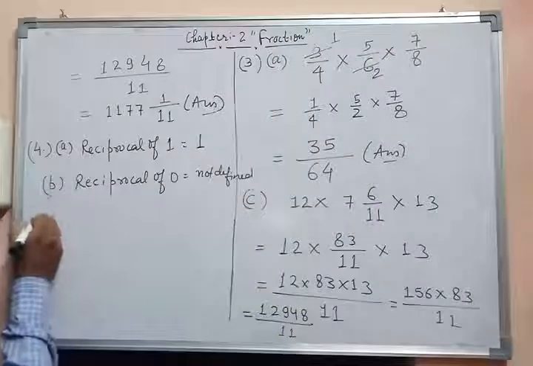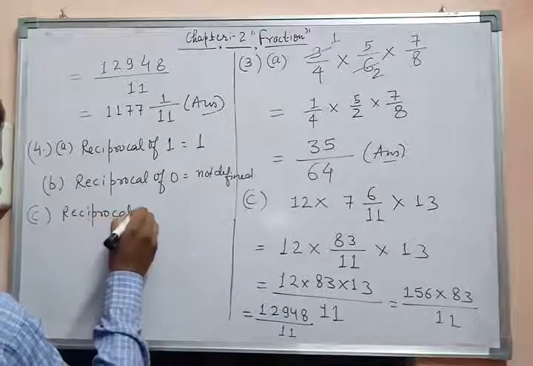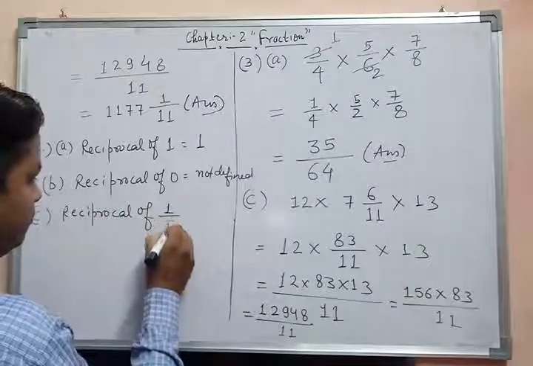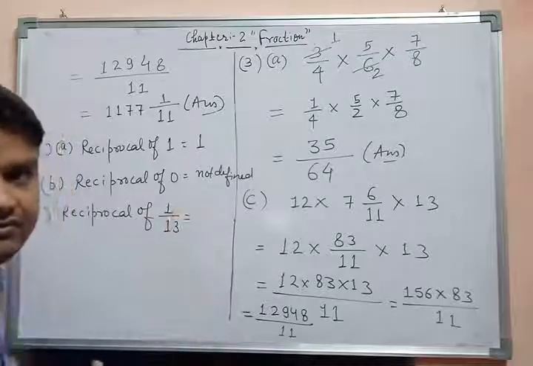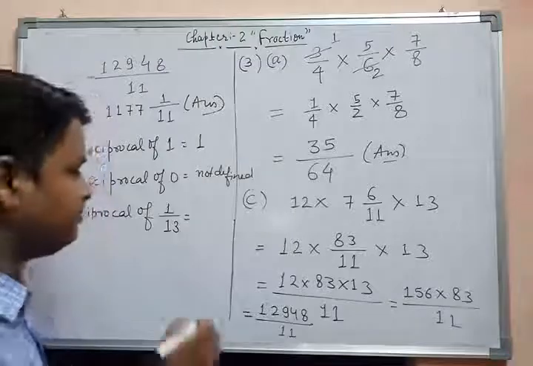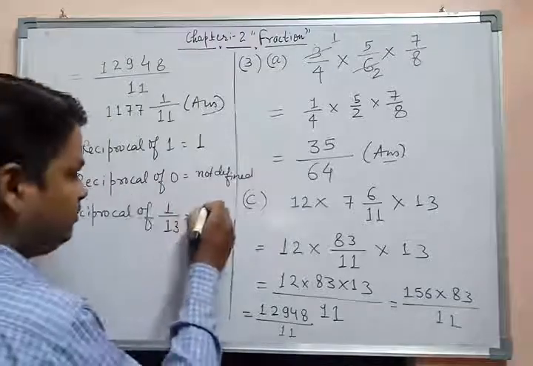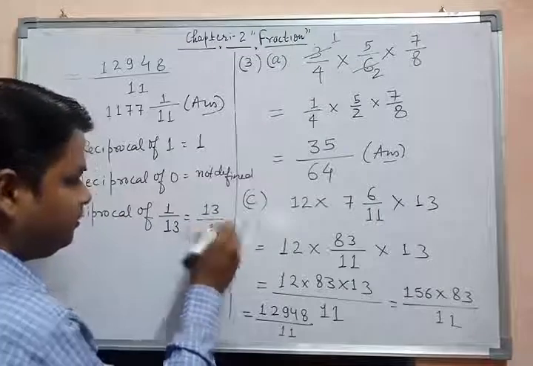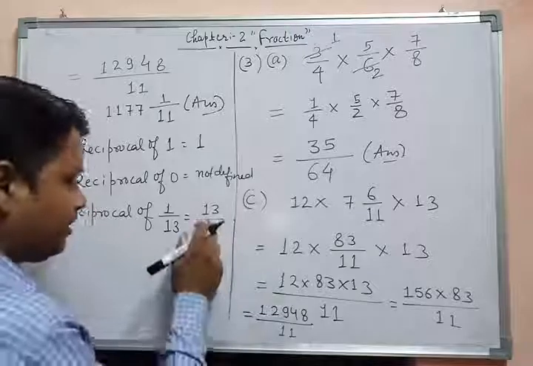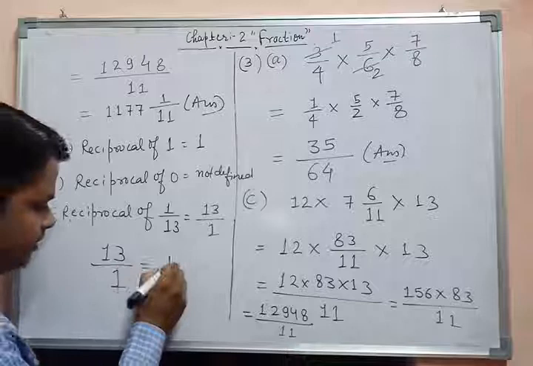now question number C, reciprocal of 1 upon 13. So it is a very easy question. You have to just reverse the numerator and denominator. It means if you want to write the reciprocal of 1 upon 13, then you have to write 13 upon 1. Yes, 13 upon 1 is the reciprocal, and it can also be written as just 13.